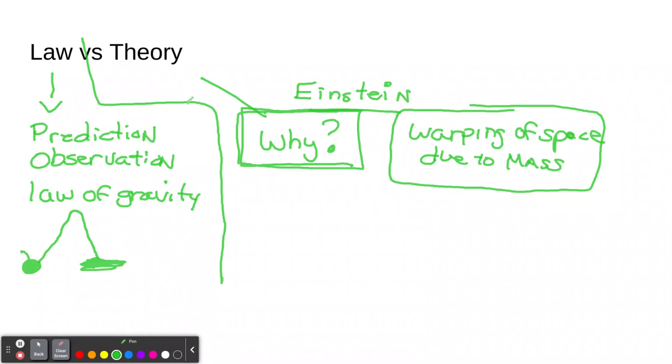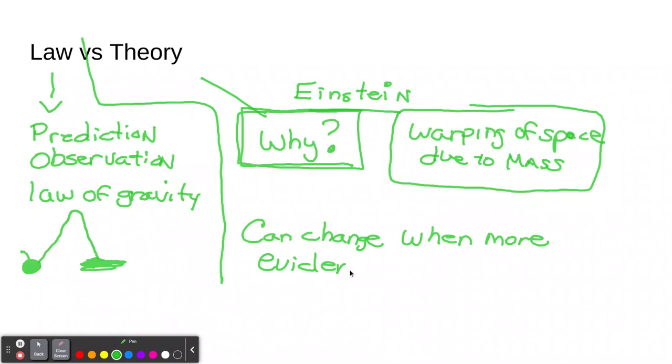So another thing to know about theories is they are not 100% fact. They're just proven acceptable until proven wrong. So they can change with more evidence. Very important to know that with theories. The theory can change when more evidence comes up.